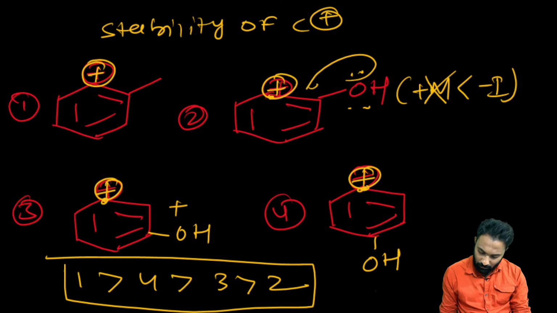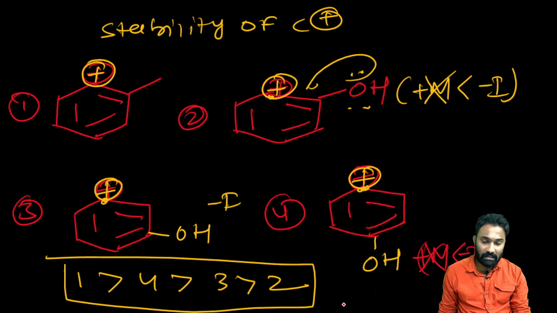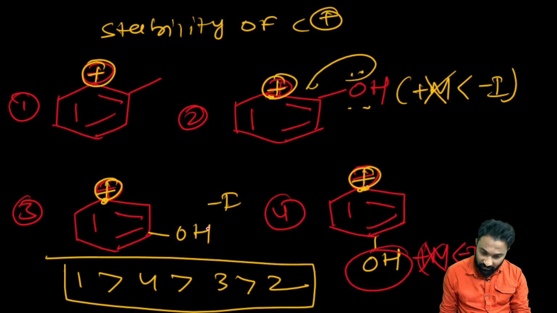Here also plus M effect is absent, here the minus I, and here also plus M effect is not present, only the minus I. Clear? Now you can see minus I is far away from them, so more stable.